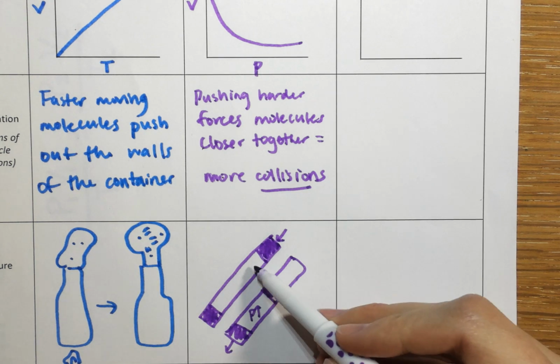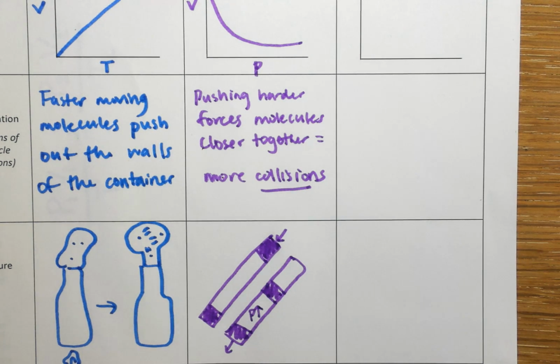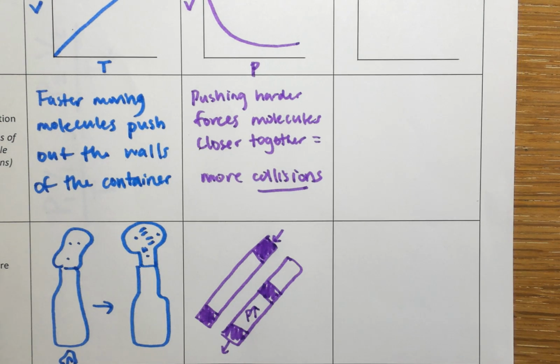So as I decreased the volume, the pressure inside the tube increased, showing that inverse relationship.